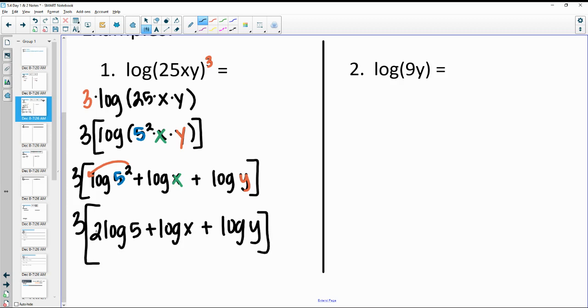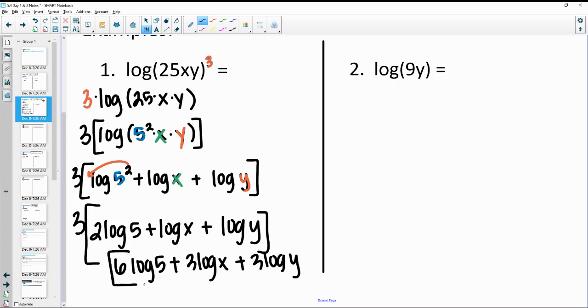And then you could multiply that 3 into everything and have 6 log of 5 plus 3 log of x plus 3 log of y. And this would be the expanded answer. And just like the word expand, it's long, right? So we're taking this single logarithm and expanding it out.